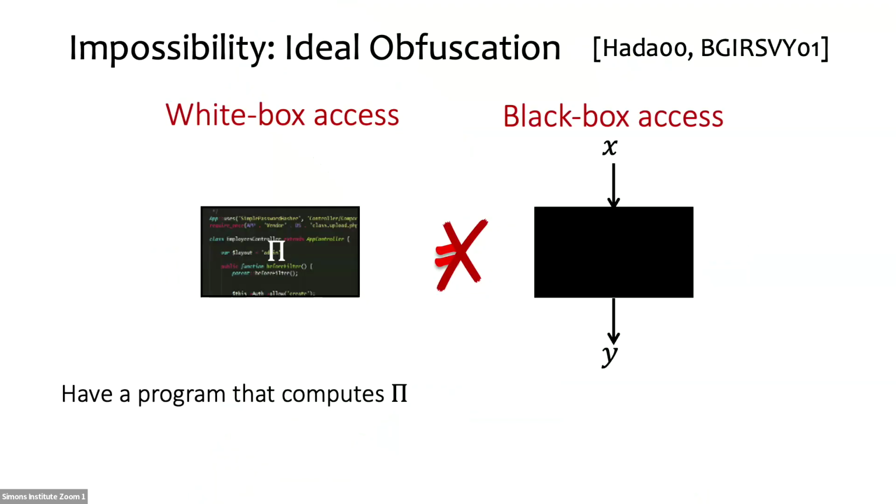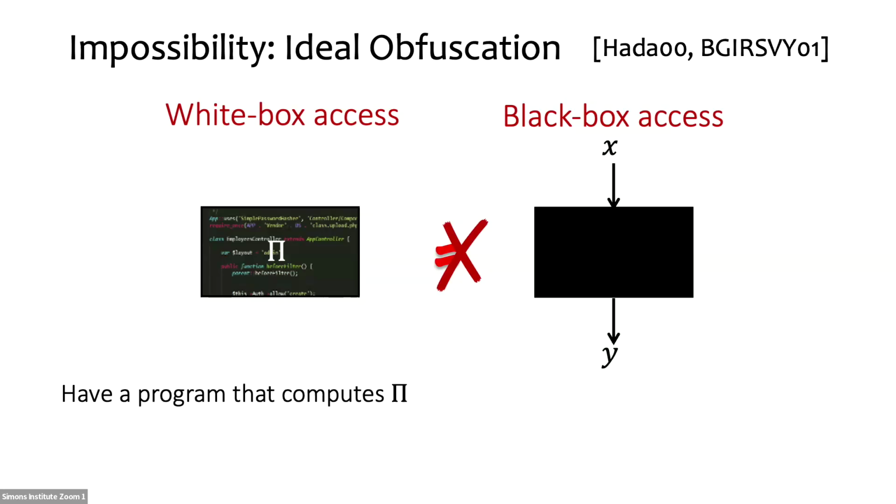So perhaps it comes with a lot of disappointment, but also not too much surprise that ideal obfuscation turns out to be impossible in general. And the reason is that the left and the right-hand side simply cannot be equal, right?